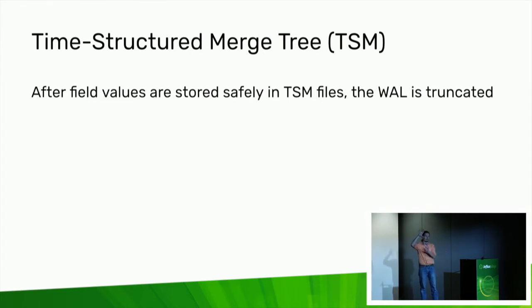We take that in-memory cache and put it into a TSM file, and then truncate the write-ahead log and clear the data from the cache. So that's configurable in the InfluxDB config files, but it's a small detail. We have not gotten rid of that cache.